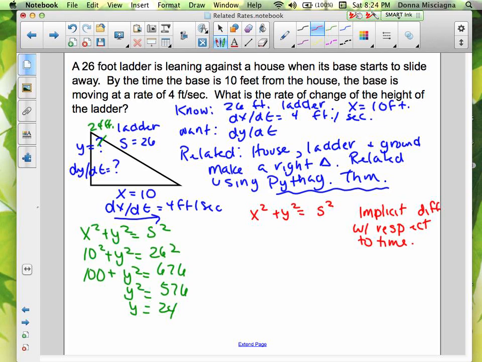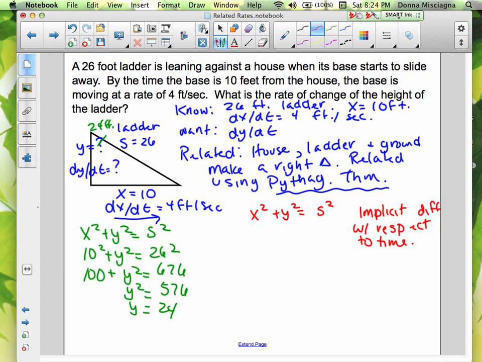The first thing you do is differentiate first. Do no substitution. Let's look at one of our quantities here, and that's the ladder. The ladder is not changing. It can slide, it can fall on the ground, but it's going to be 26 feet. Unless you take a hacksaw and cut it into pieces, sliding is not going to change the length of the ladder.